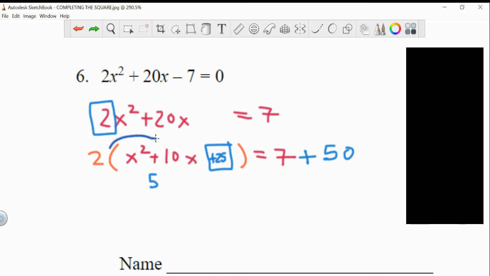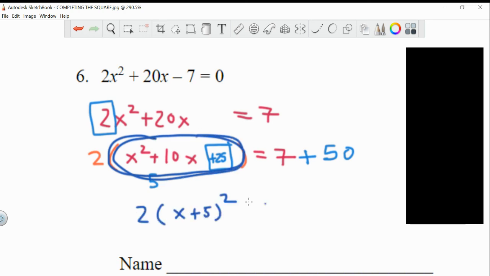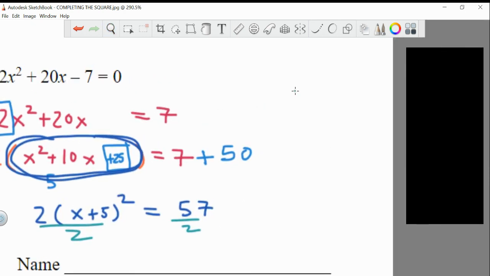To finish this, we know this pattern right here is the perfect pattern. So that would be 2 times x plus 5 squared equals 57. And then we would just need to solve it from here. First thing I would want to do is divide by 2. So I'm going to get x plus 5 squared equals 57 divided by 2.